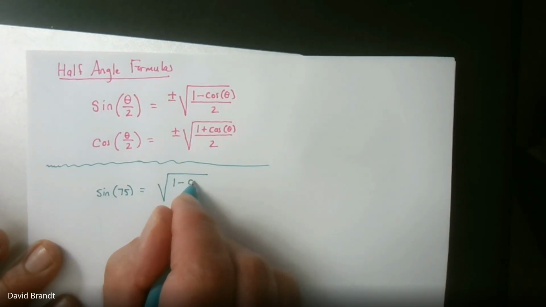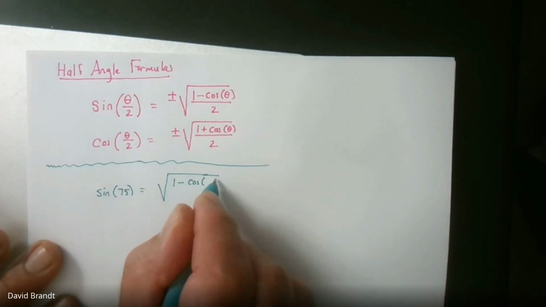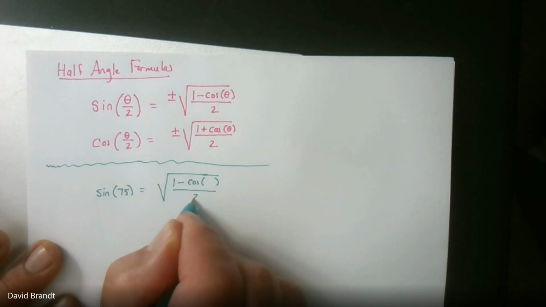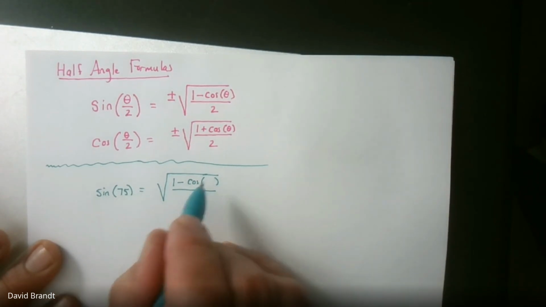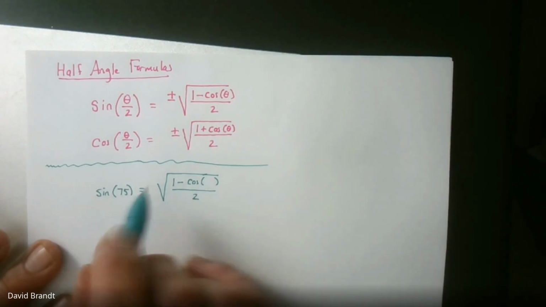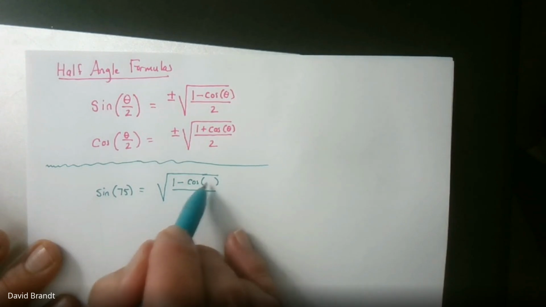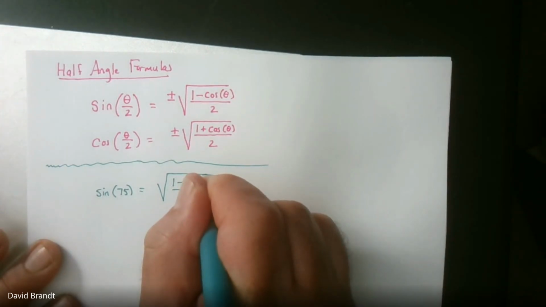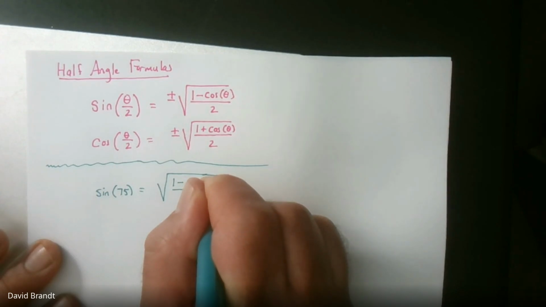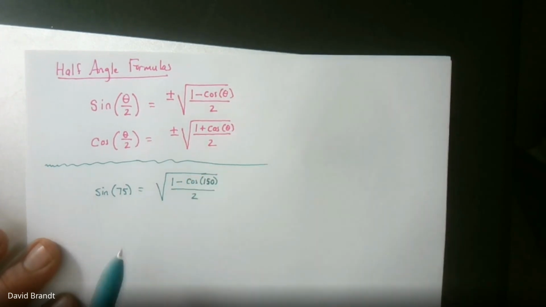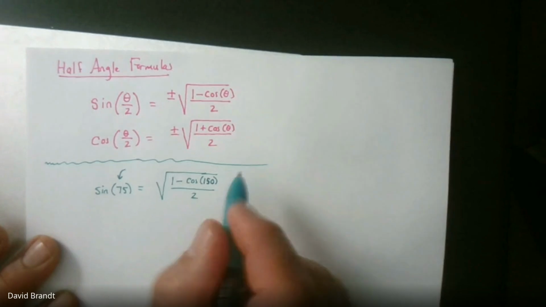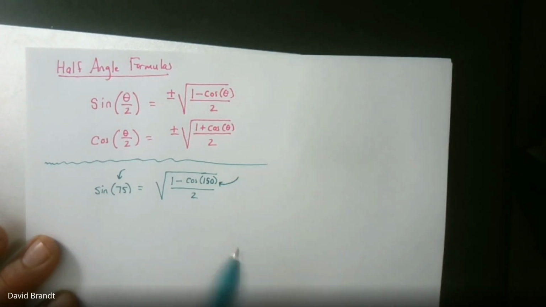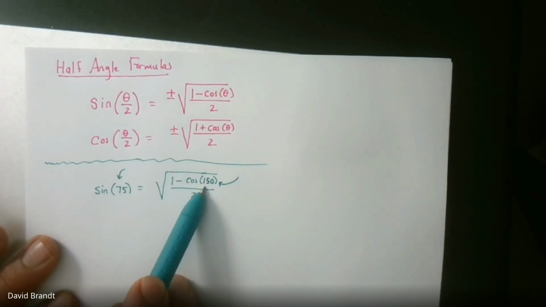So this angle right here would have to be half as much as the angle that goes right here. So if 75 is half of that angle, what would that angle have to be? It would be 150. So when you set up a half angle formula, this angle needs to be half as much as this angle. That's the relationship between the two.